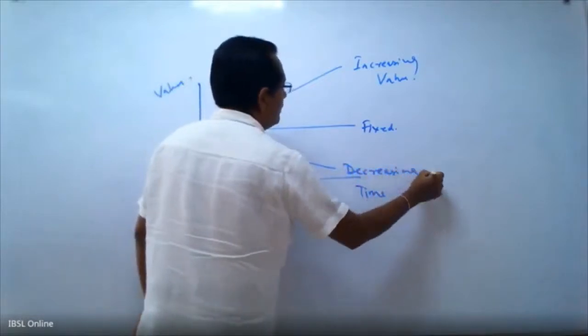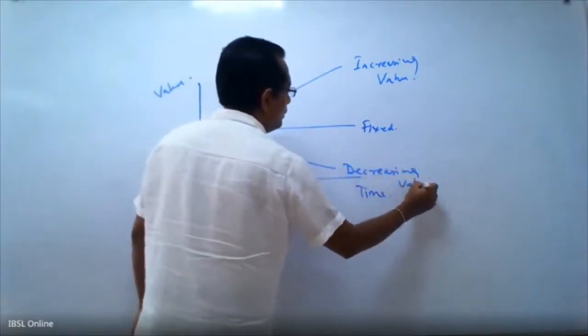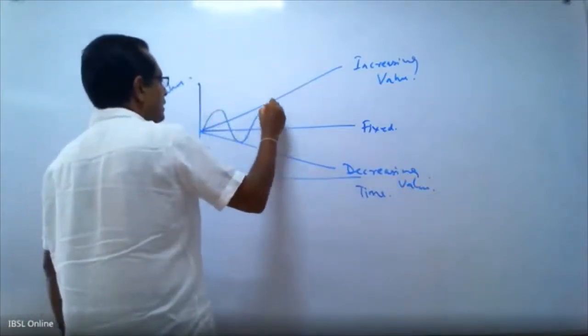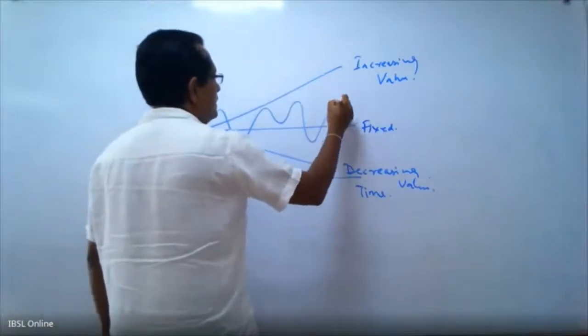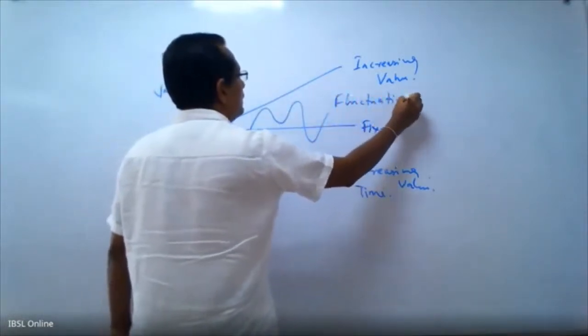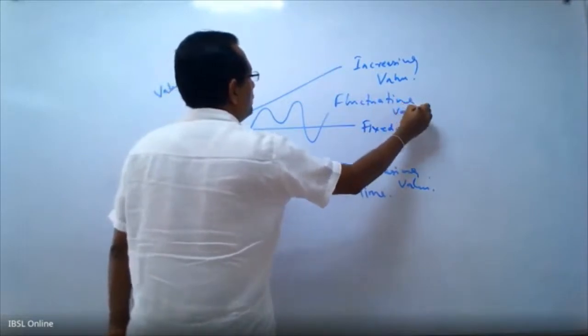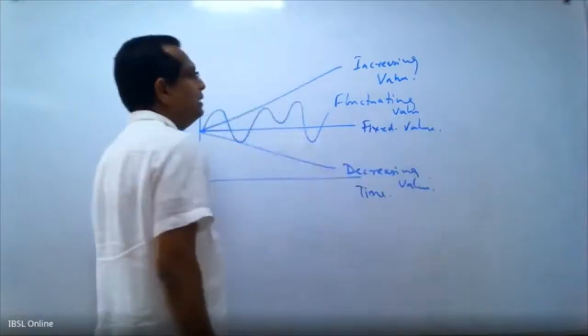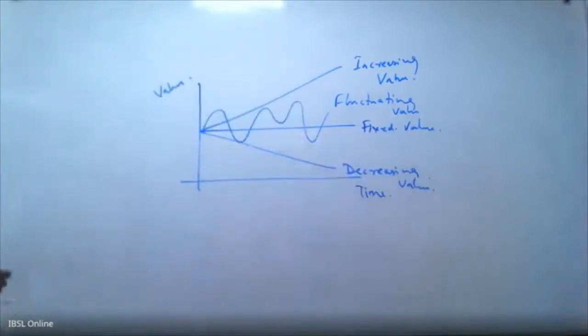Decreasing value securities. Then we have fluctuating value securities. These are the four types of securities we have.